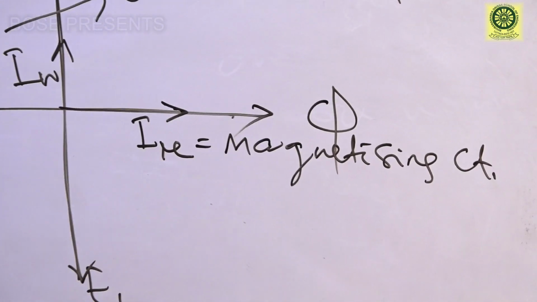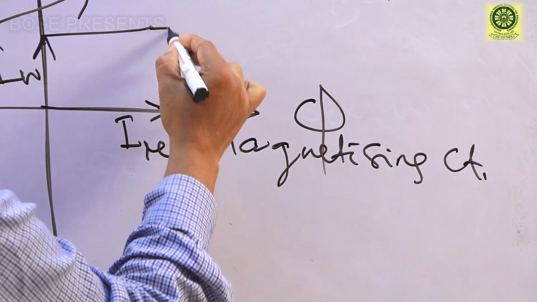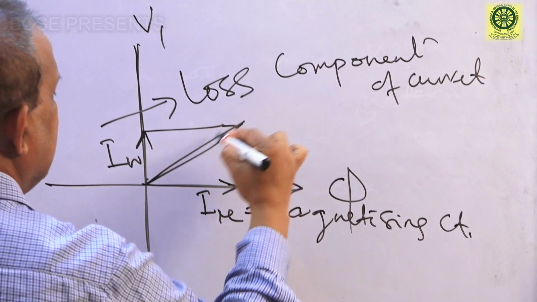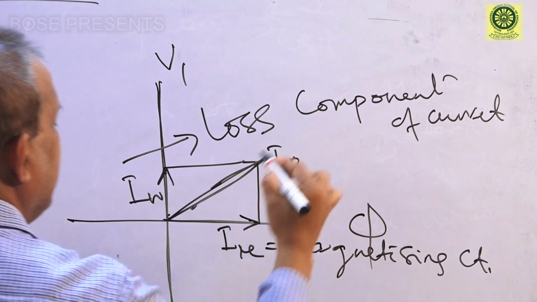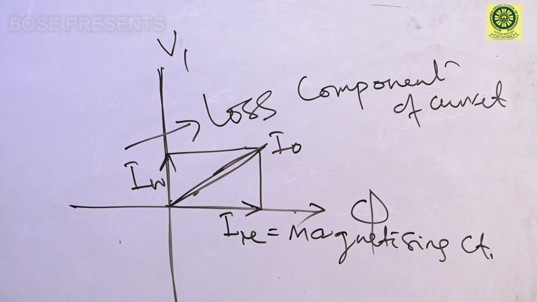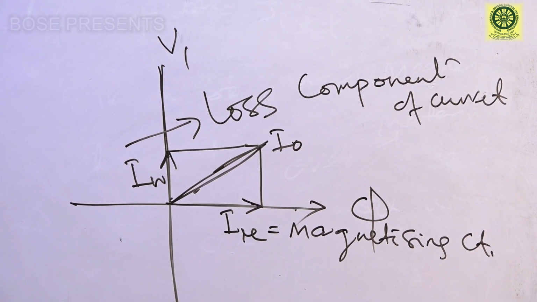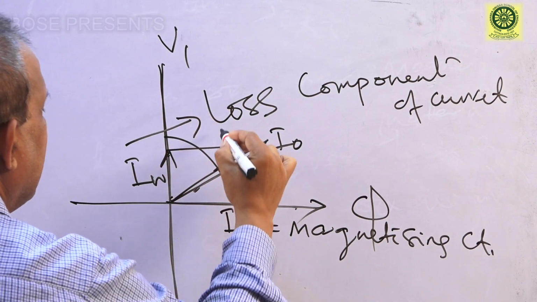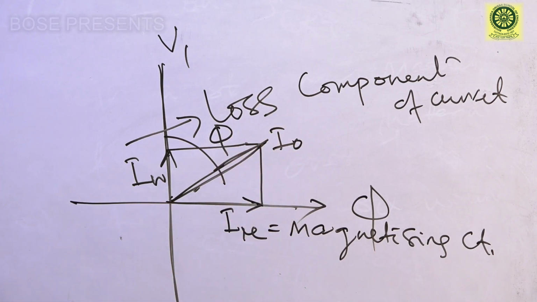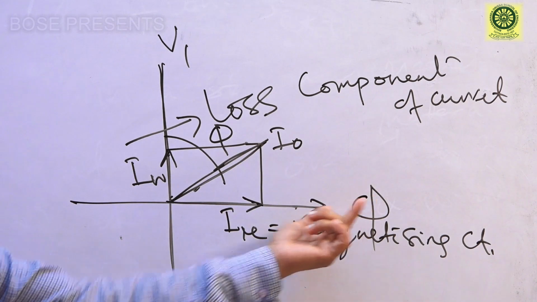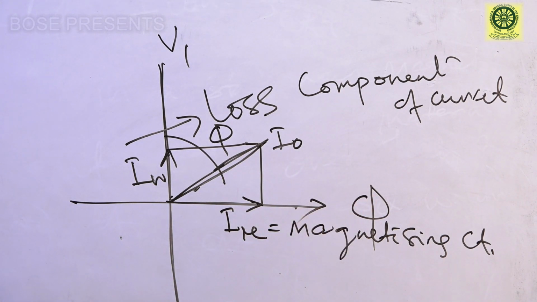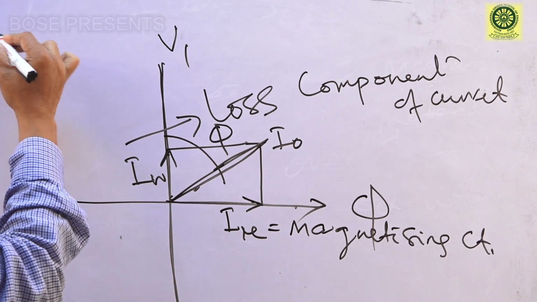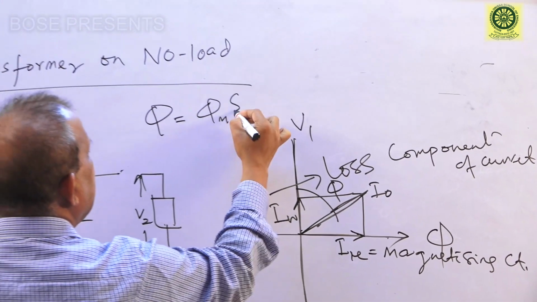The vector sum of these two is I0, which is the total no load current, and this angle is the no load power factor of the transformer. Because of the flux phi, EMFs E1 and E2 are induced. We know that phi is given by phi m sin omega t.